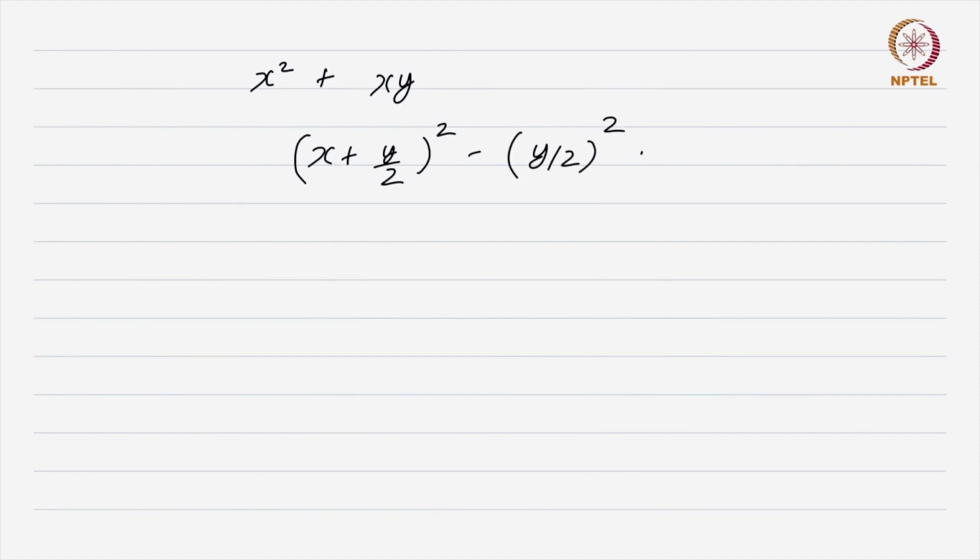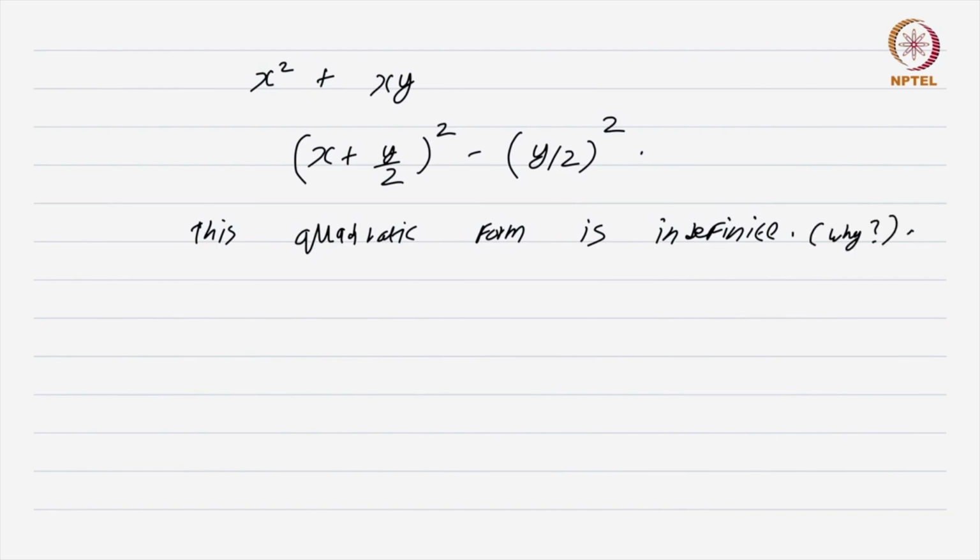So this quadratic form is indefinite. Why is it indefinite? Think about why this is true.